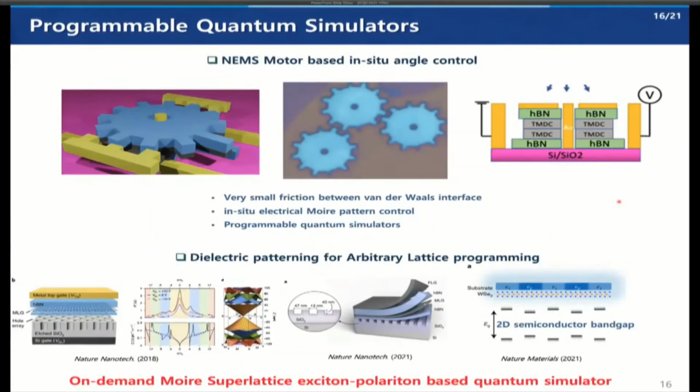So far, this kind of superlattice structure is determined by the atomic crystal structure, but sometimes we need an arbitrary lattice structure. Cory Dean and Philip Kim also demonstrated that graphene with periodic patterned dielectric realizes a superlattice structure in the graphene.